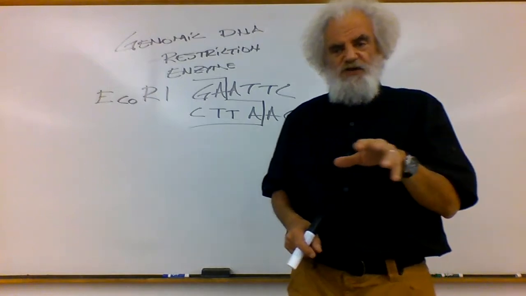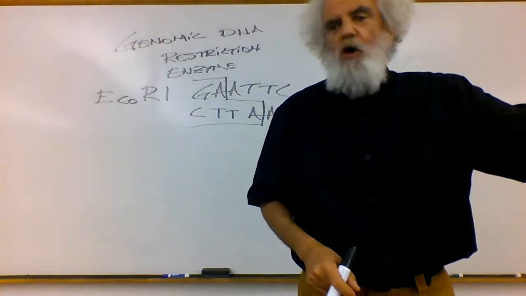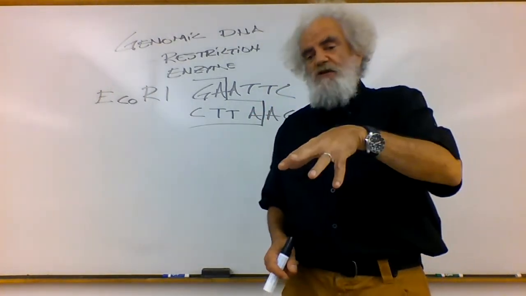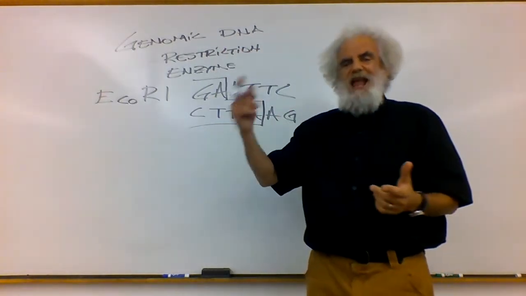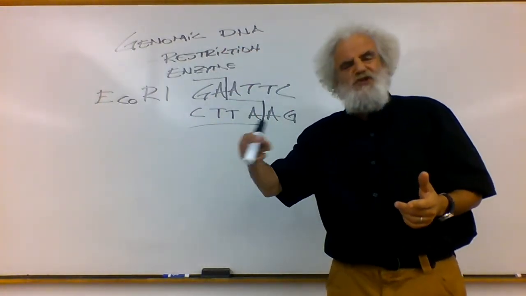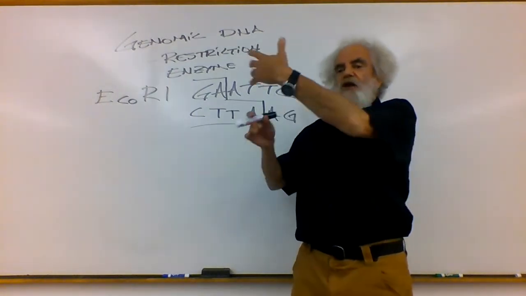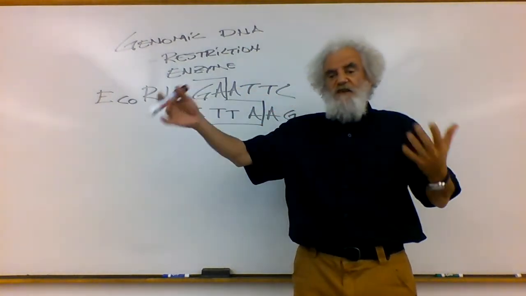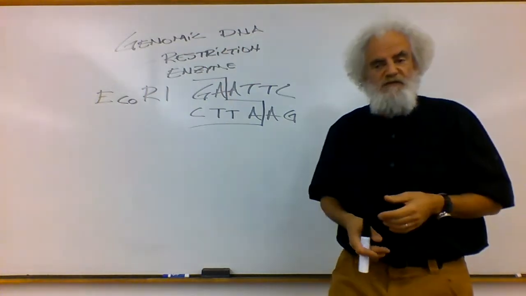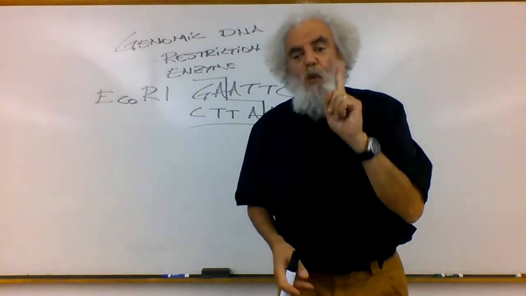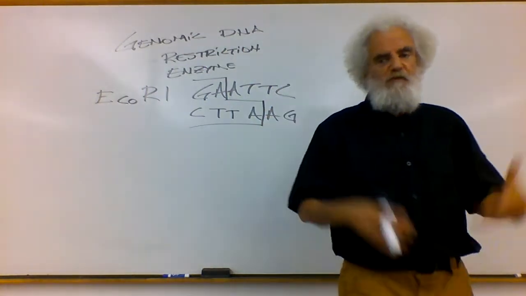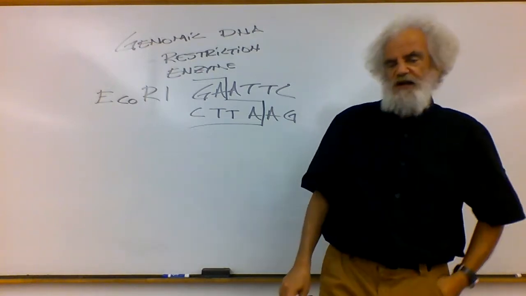So 4 hitters, they're found all over the place. 6 hitters, they occur probably every 1,000 or so nucleotides on average. There are 8 hitters that might occur maybe every 10 to 15,000, and then there are a variety of enzymes that there's probably only 1 restriction site in the entire human genome for some of these more esoteric guys.